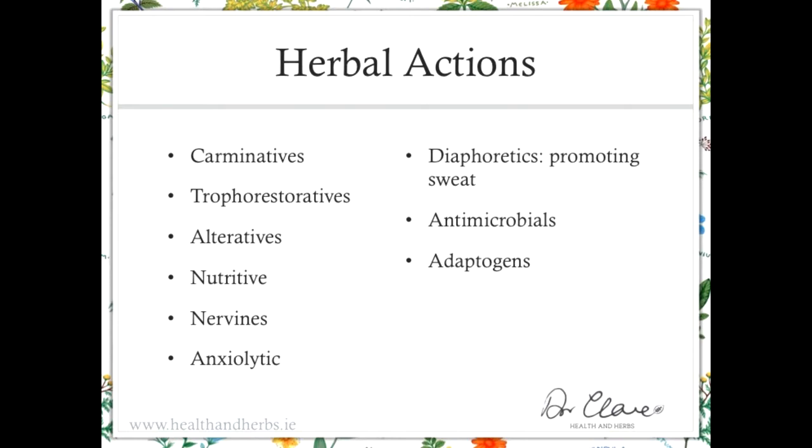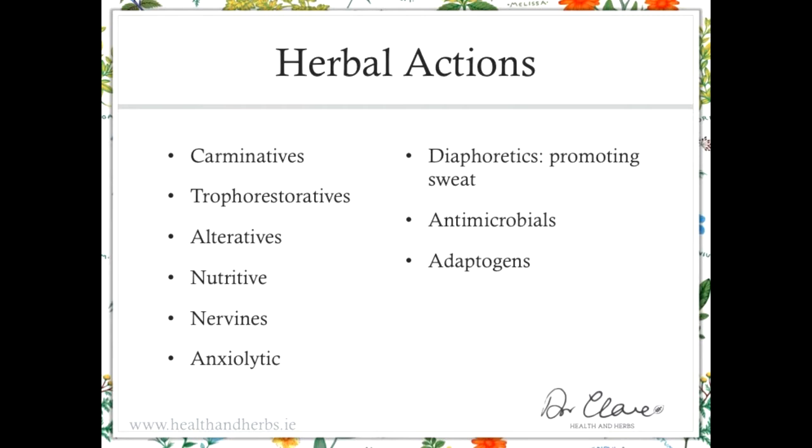And if that mucous membrane isn't nourished well, and if it has become weakened through a weakened immune system, we want a restorative action of the herbs on the mucous membrane. So trophorestorative is a building up and a nourishing effect on whatever particular tissue you might be interested in affecting.